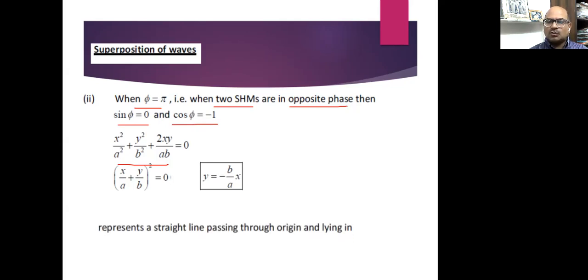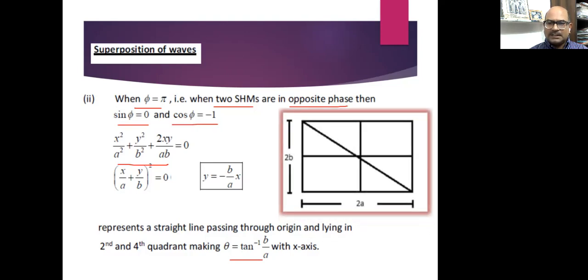It is again passing through the origin, but it is lying in the second and fourth quadrant, and the angle theta is tan inverse b by a. So the direction of this line is reversed; the slope is minus b by a.